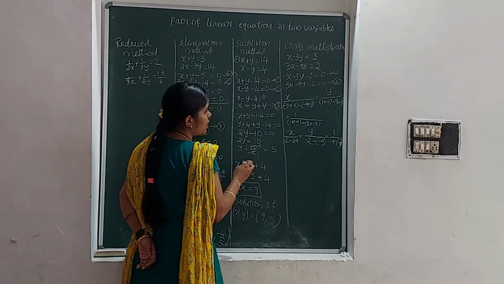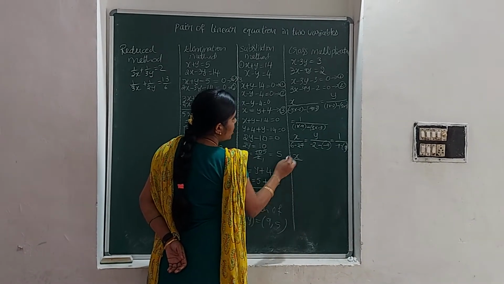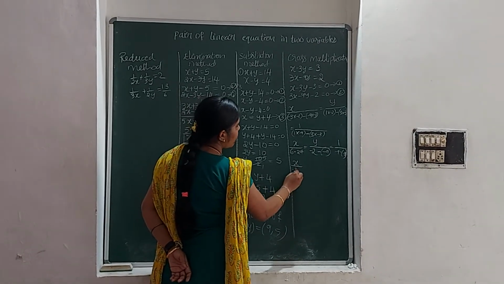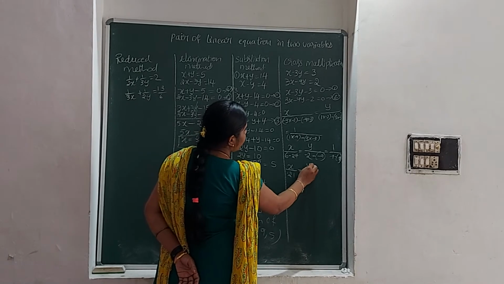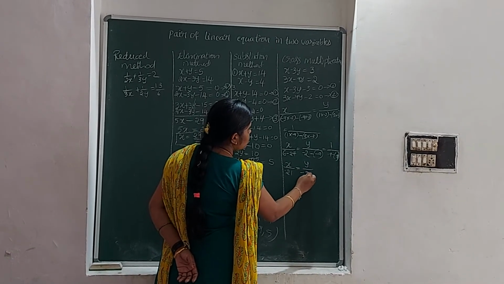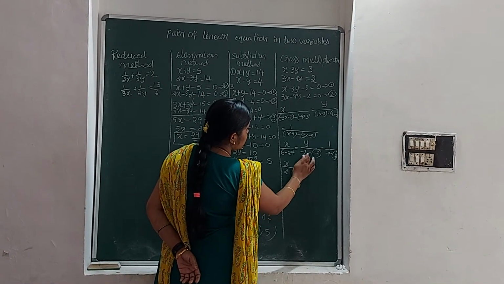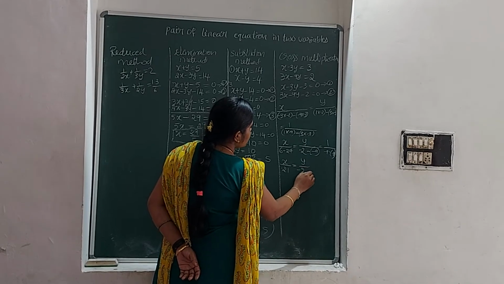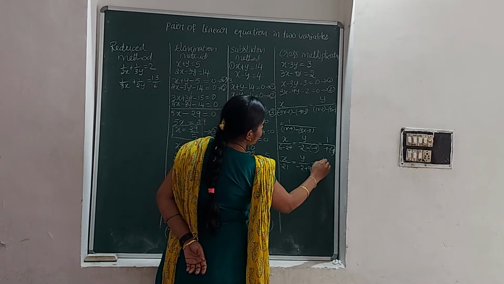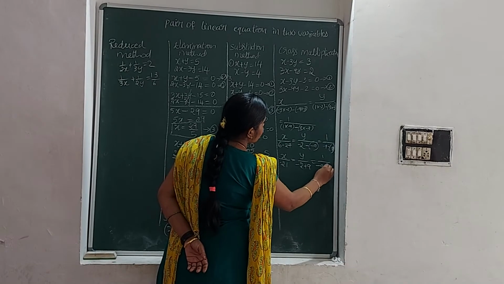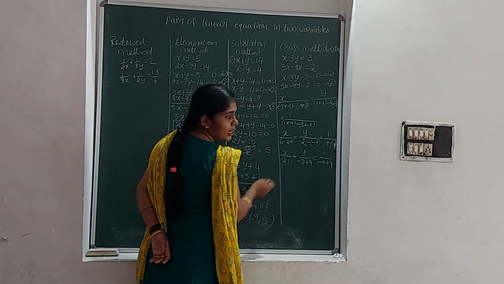So now x divided by, 6 minus 27 is there, minus 21. Then y divided by minus 2, this becomes a plus 9. So minus 2 plus 9 is equal to 1 divided by minus 9 plus 9. We have to multiply by minus.